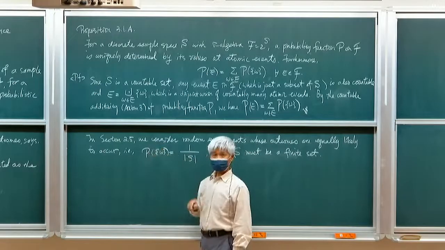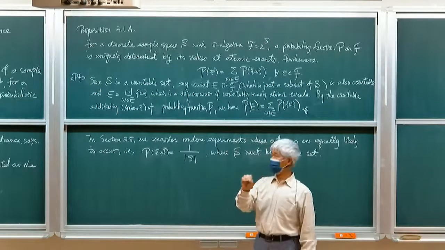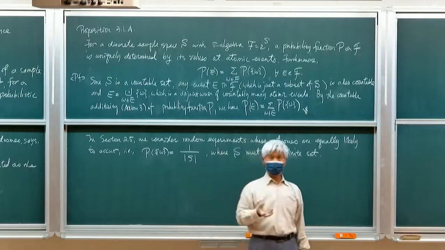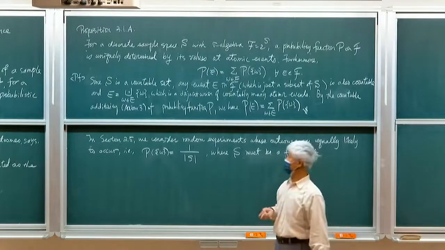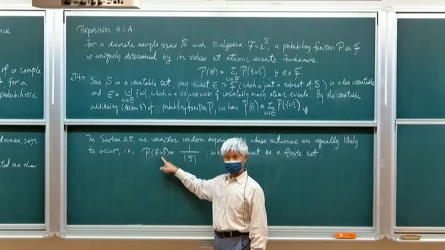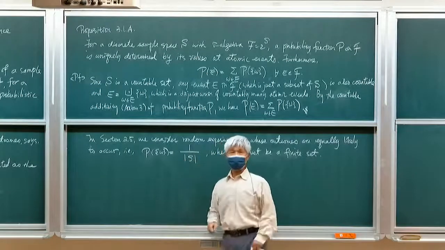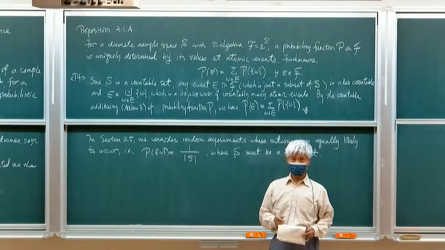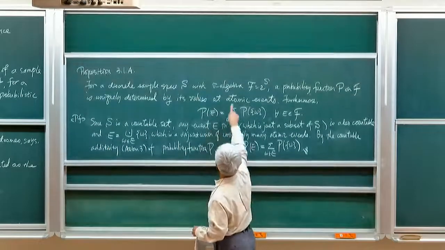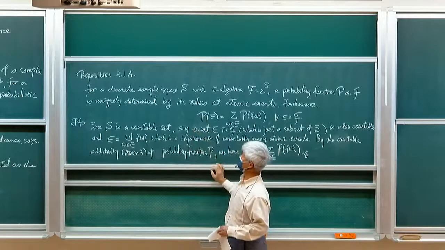All right, and so in section 2.5, actually we require that the probability function has value 1 over the size of the sample space at every atomic event. And this assignment will determine the probability function uniquely, okay, as the proposition says.